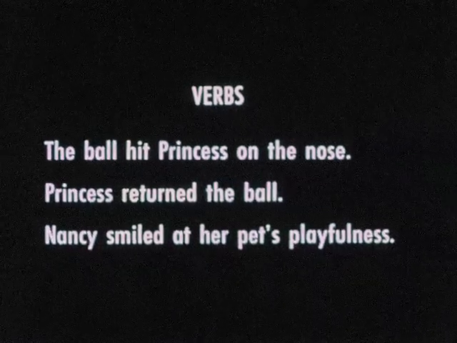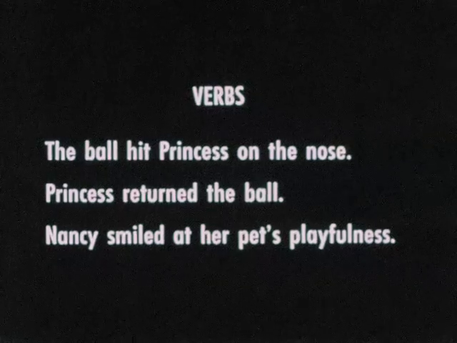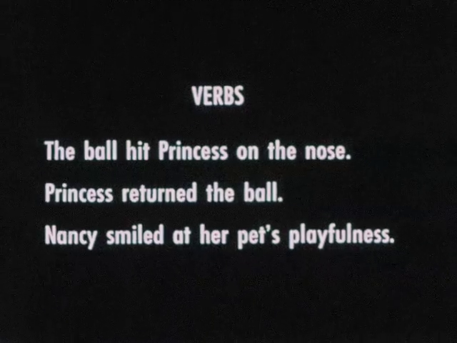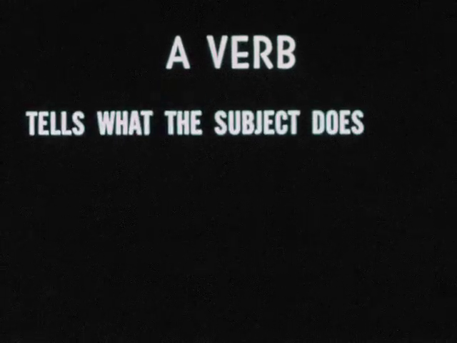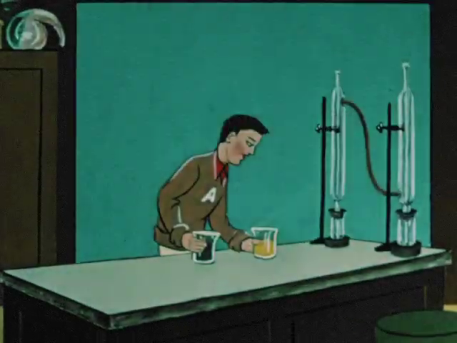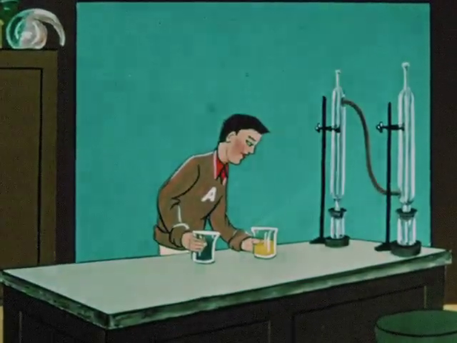Looking for the words in the predicate that show some action by the subject is one way to recognize verbs. Or we might put it this way: a verb is a word in the predicate that tells what the subject does. Let's use this definition to find the verbs in certain sentences about Joe in his chemistry class.